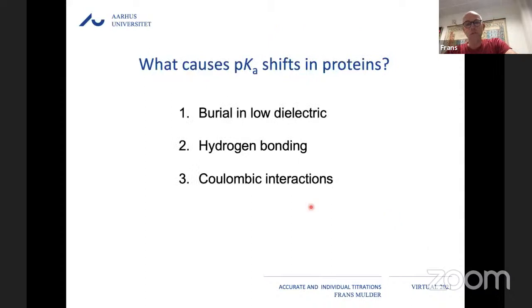So these are the three causes of pKa shifts in proteins: burial in a low dielectric environment, hydrogen bond formation in either the protonated or deprotonated state, and then the charge-charge interactions.